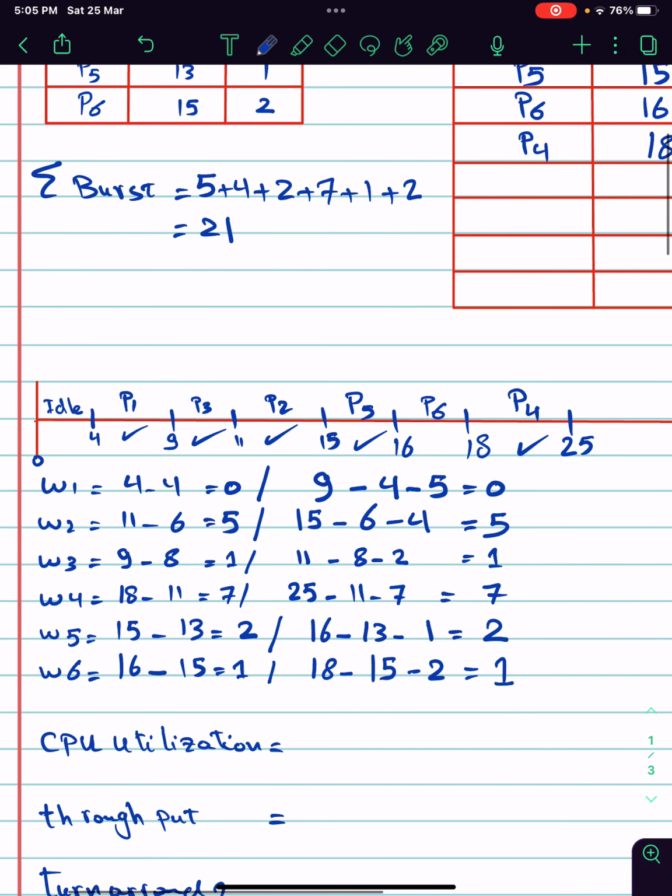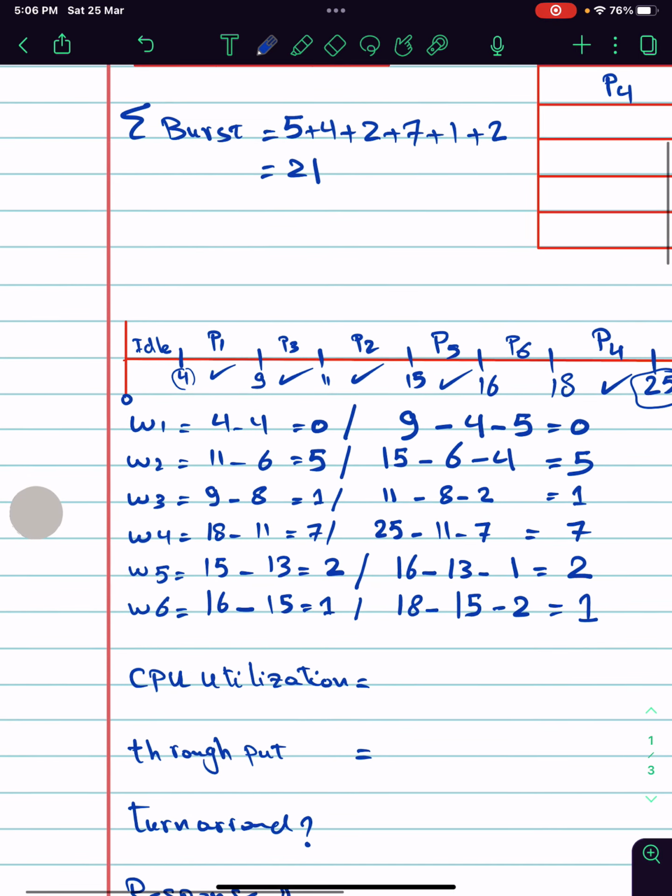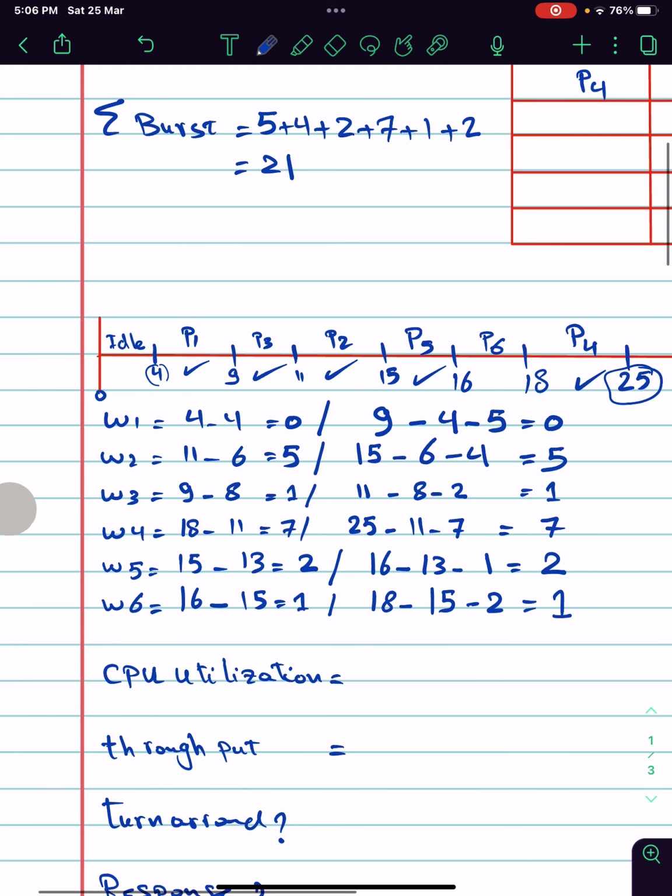And of course 21 plus 4, that's when you started, is 25, so the timeline looks good. So the CPU utilization is sigma of the burst, 21, divided by the total time, which is 25, which is 84%.